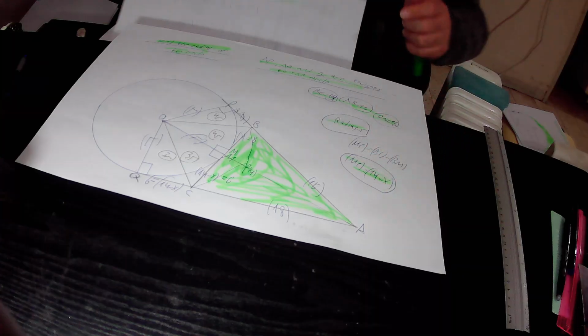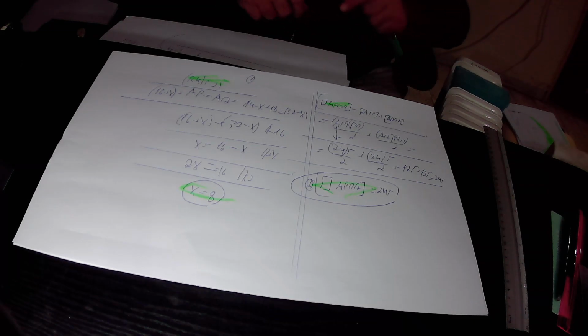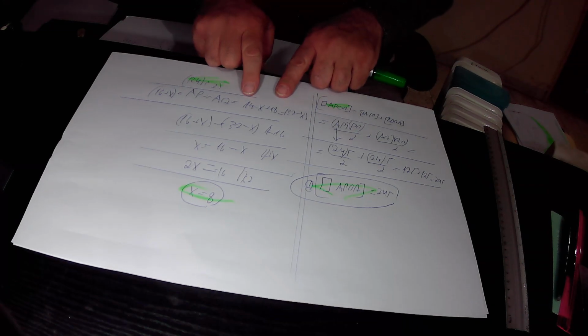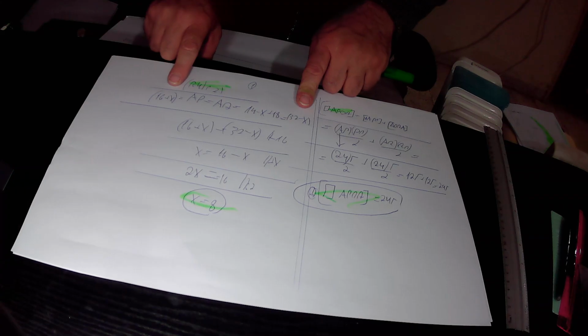So in total, QA equals 14 minus x plus 18. Here, 14 plus 18 is 32, so in total this expression equals 32 minus x. Those two sides of the equation are equal to each other. That is to say, 16 plus x equals 32 minus x.